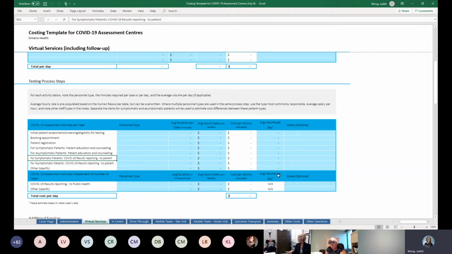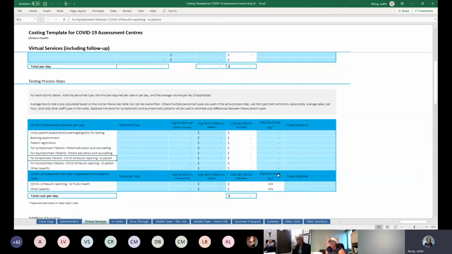Also think about your total number of hours per day that are worked and compare that to how your activity time adds up. So you can double check your estimate by saying, okay, I'm estimating that it's 5 minutes per patient, multiplied by 50 patients per day. That gives me a total of this many minutes. Does that sound like the actual time I spend per day?